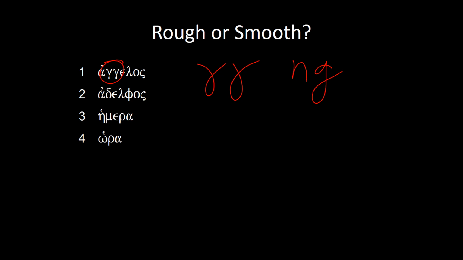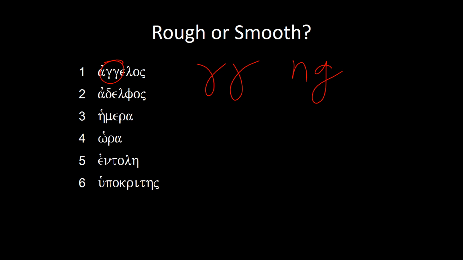Okay, number 4, hora, the word for hour. Rough or smooth? What do you think? It's rough. Okay, number 5, entole. The breathing mark is above the epsilon. This one is smooth.